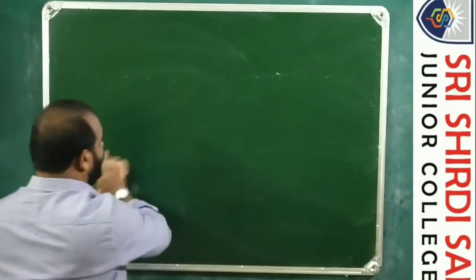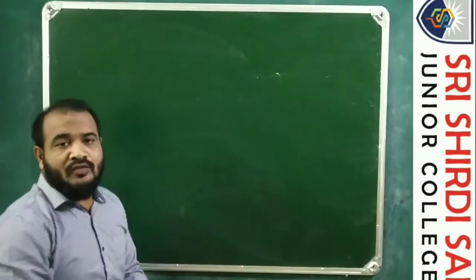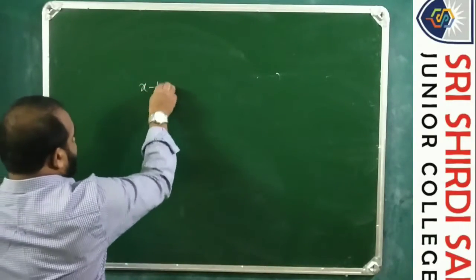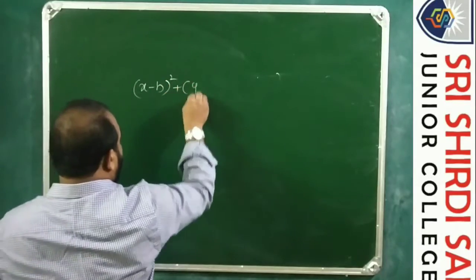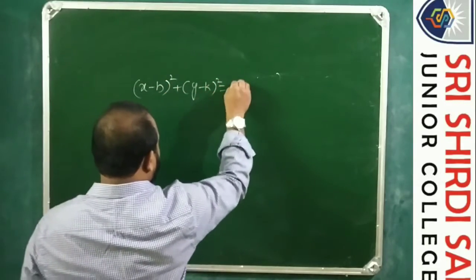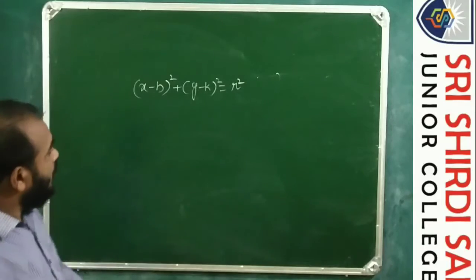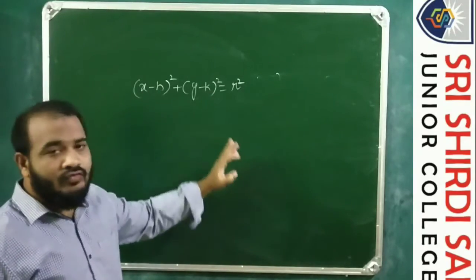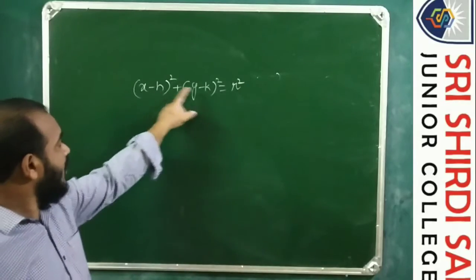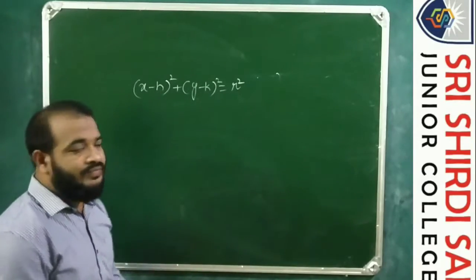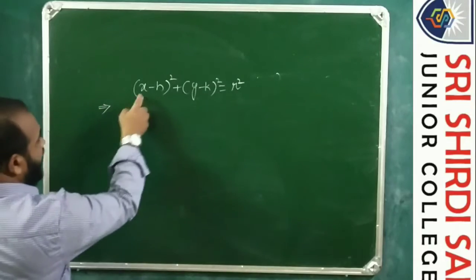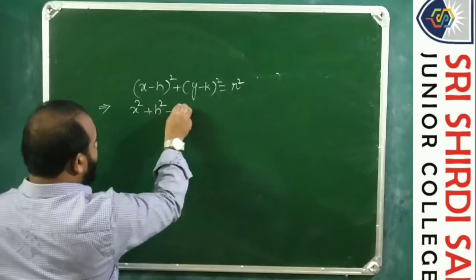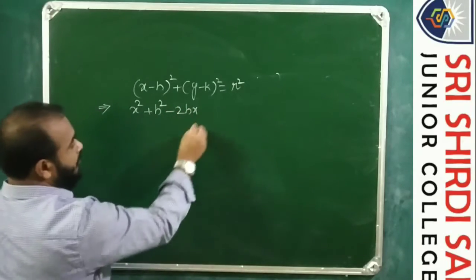And here, let us go back to the equation of the circle in its central form. (x minus h) whole square plus (y minus k) whole square is equal to r square. So this is the equation of the circle in its central form when you are given the center h comma k and radius r. So let us expand it. (a minus b) whole square is a square plus b square minus 2ab.